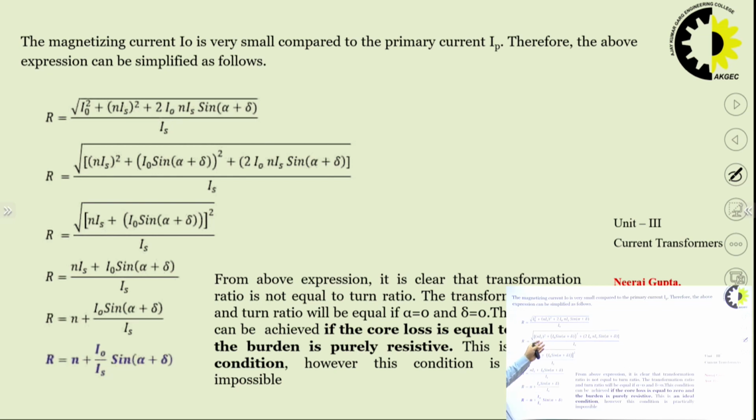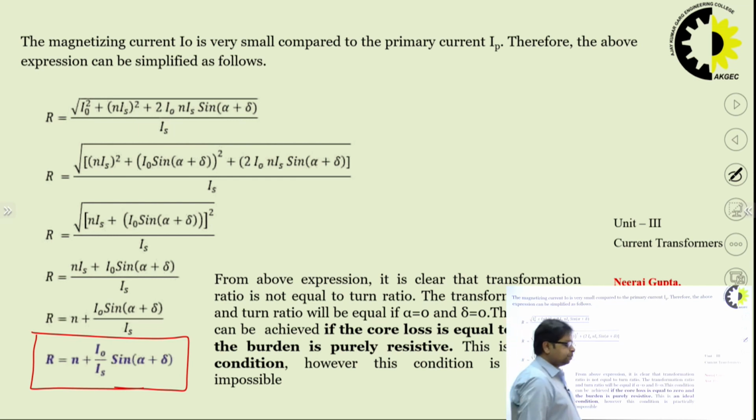So, we can write it as NIs plus I naught sin alpha plus delta, the whole square. The expression after solving comes to NIs plus I naught sin alpha plus delta upon Is, and the expression further becomes, when we divide it, N plus I naught sin alpha plus delta upon Is. So, this is the final expression for the transformation ratio.